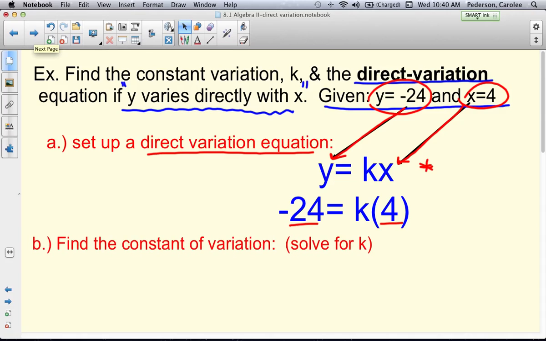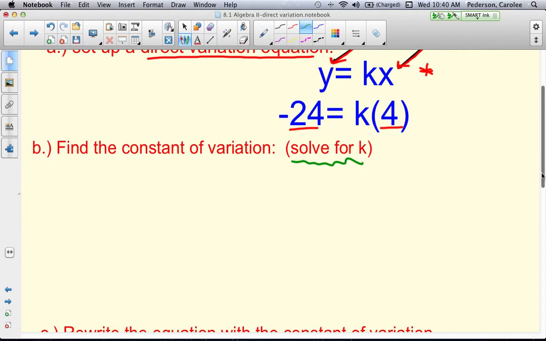Part B is to go ahead and solve for k. So step B, go ahead and underline that. Part B is to solve this blue equation up above in part A for k. So I'm just going to rewrite the equation. Negative 24 equals k times 4, which is 4k.